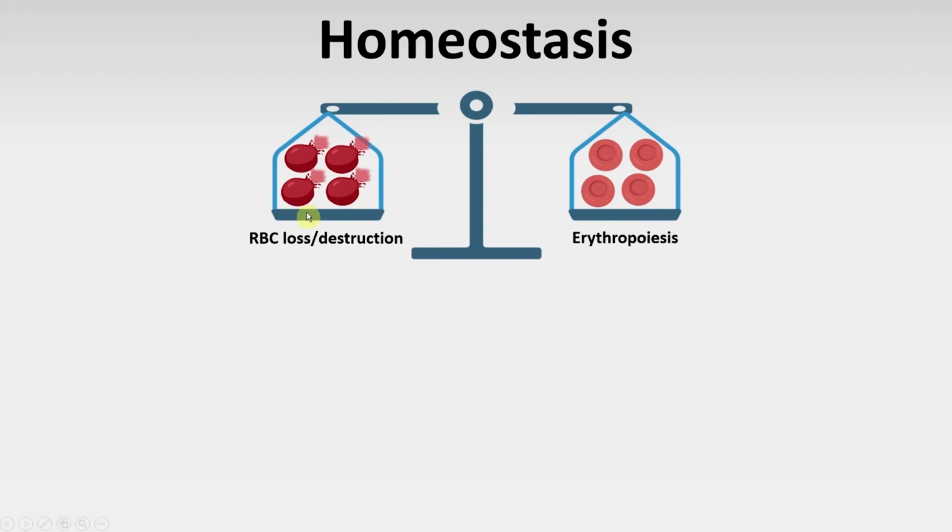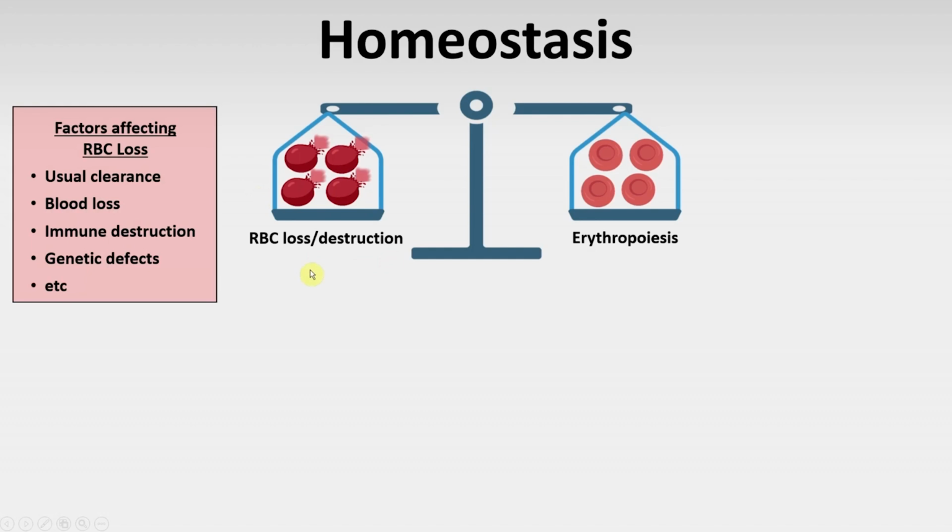When it comes to the factors that affect the loss in RBCs, we're talking about factors such as the usual clearance of aged red blood cells, or when there's acute blood loss, for example, somebody involved in an accident. There can also be instances where there's immune disruption of red blood cells, for example, when there's transfusion of the wrong blood group, or when there's an autoimmune disease that hits our own RBCs.